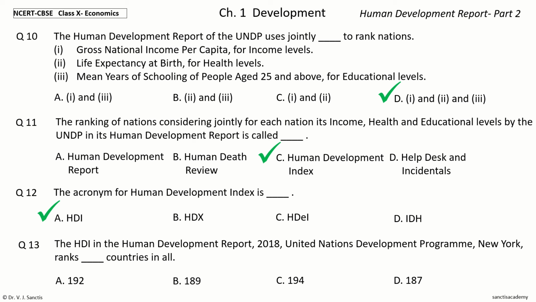Your time to choose. And the answer is 189. So, the HDI in the Human Development Report 2018, United Nations Development Program, New York, ranks 189 countries in all.